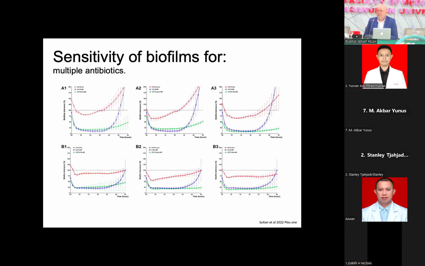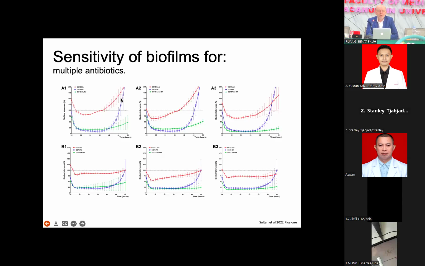The story is not only sad. Here we started using, in the 2 strains that became resistant towards rifampicin, combinations with Fluclox, with vancomycin, and with, what was it, levofloxacin. What you can see is that if the strain is treated with rifampicin or with the other antibiotics singly, then the patterns are similar, as we already saw.